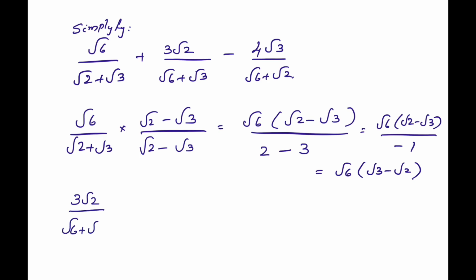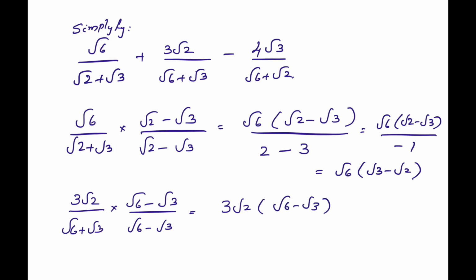So coming to the second term, again multiply by root 6 minus root 3 by root 6 minus root 3. So 3 root 2 by 6 minus 3.